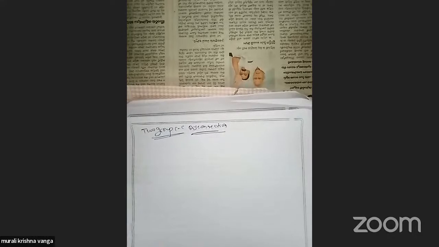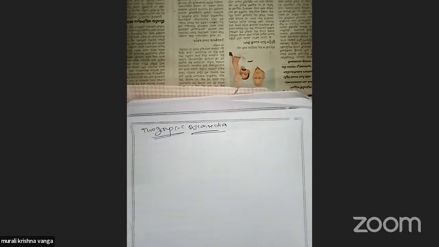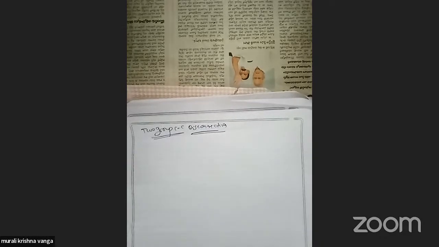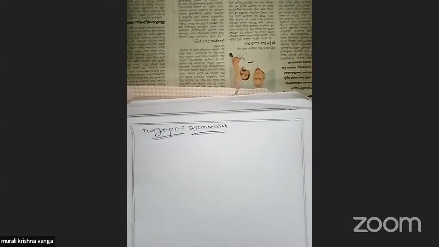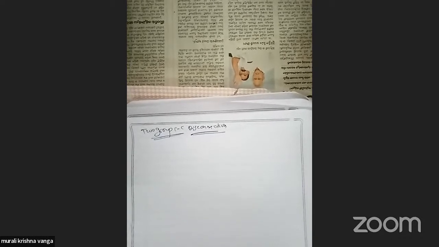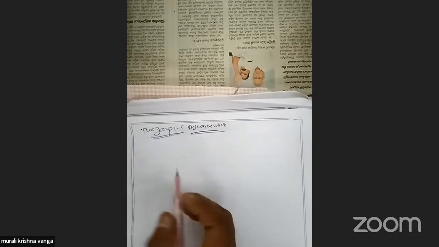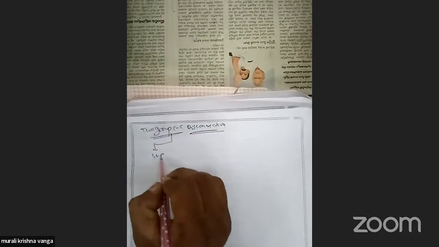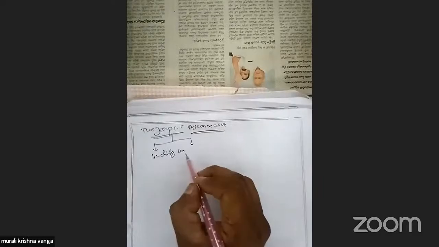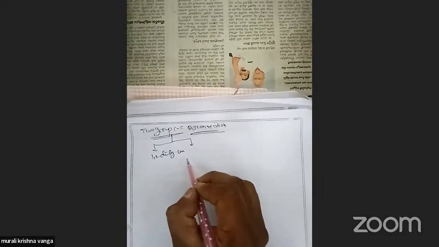Two-group C-C disconnection is again classified into 1,2 difunctional compounds, 1,3 difunctional compounds, 1,5 difunctional compounds, and so on. Next is 1,4 difunctional compounds.